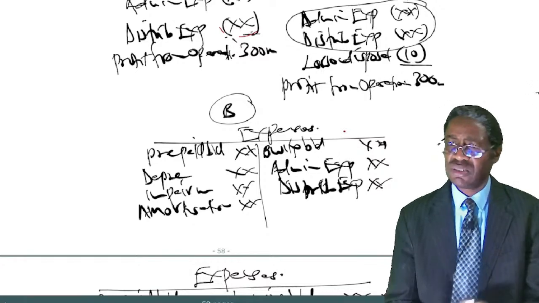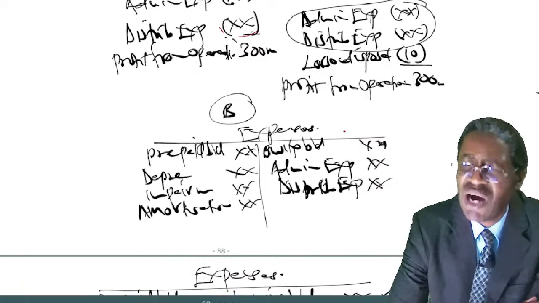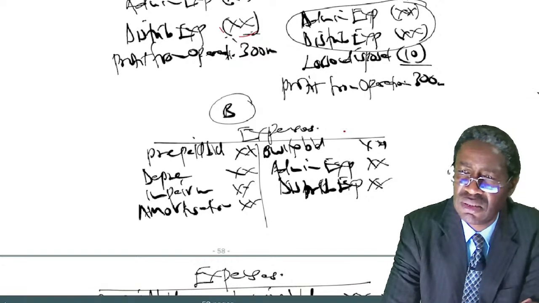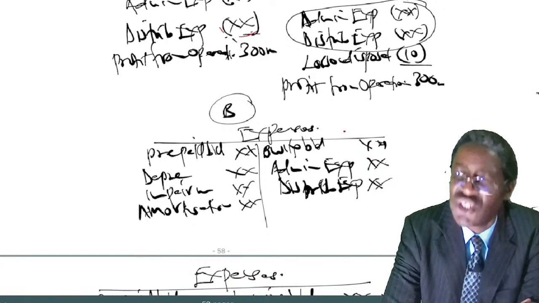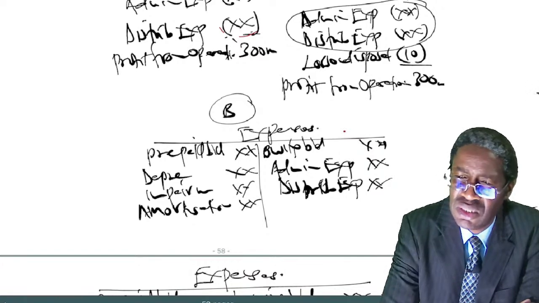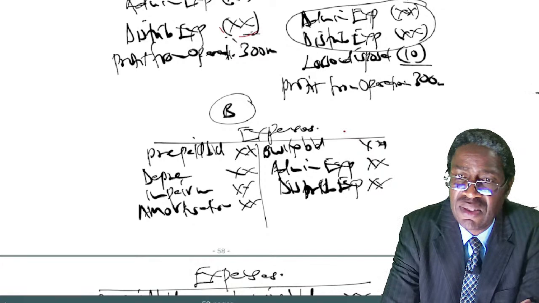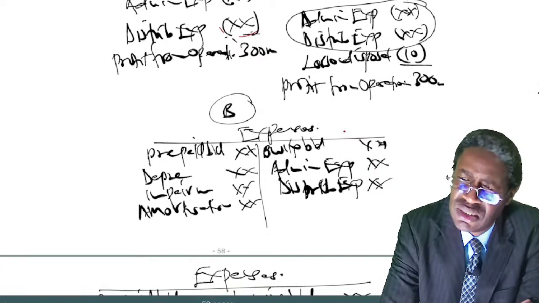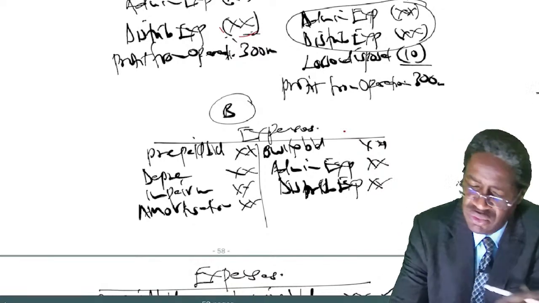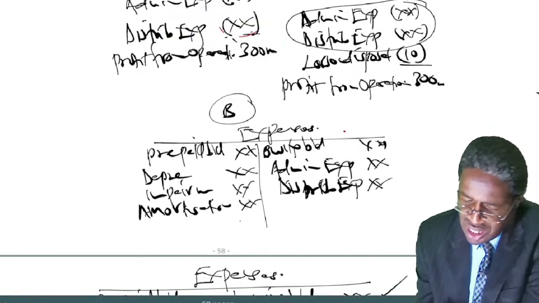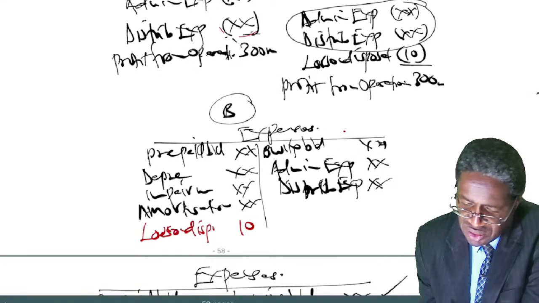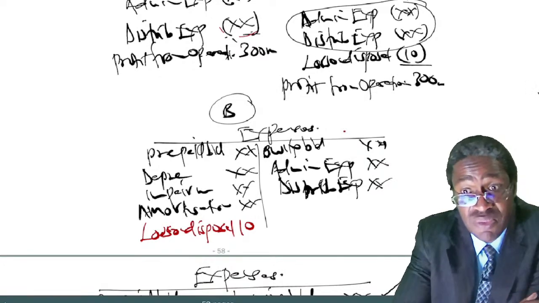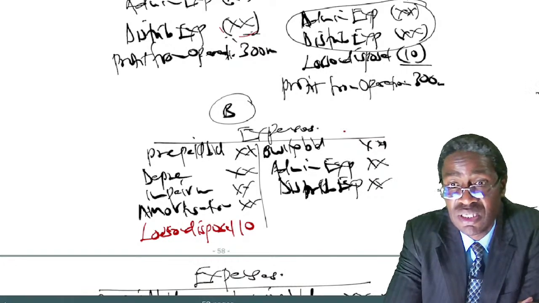But now, listen. For accountant number B, he has a loss on disposal. He charged it as an expense. Listen carefully. Will I also come and say that I removed that 10 million in this account, the loss on disposal? Will I come and say for accountant B that I less the 10 million loss on disposal?